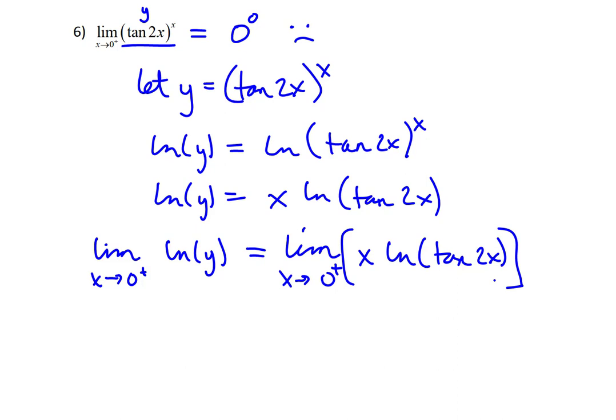And the right side of this could be done with direct substitution, but you'll end up with 0 times the natural log of the tangent of 2x. We've done a bit of work with some of these functions already in the past. When you plug in 0 from the right for tangent of 2x, if you take a quick look at the graph of tangent, you may recall it has a couple of vertical asymptotes and then it snakes to the origin in this way.